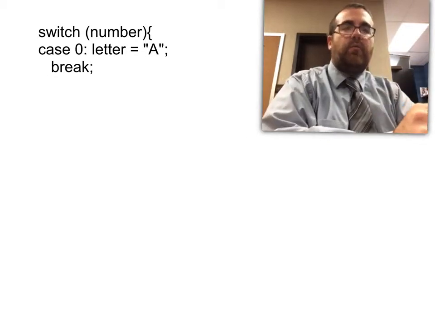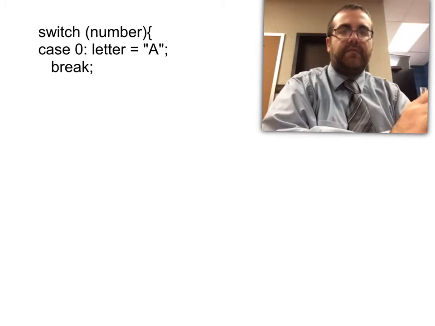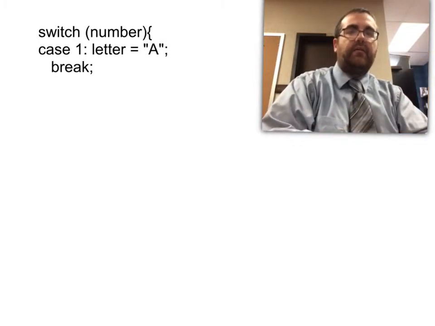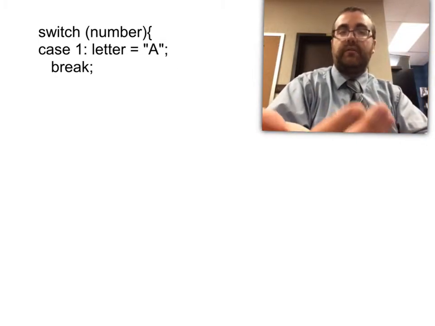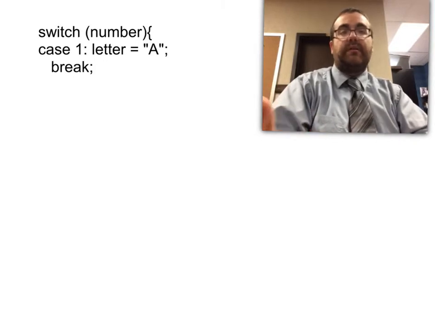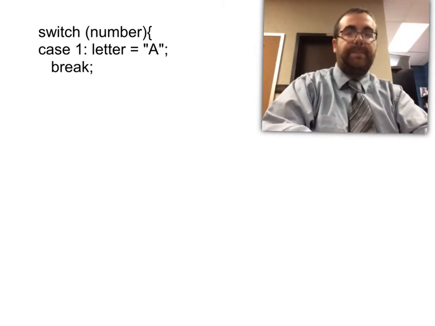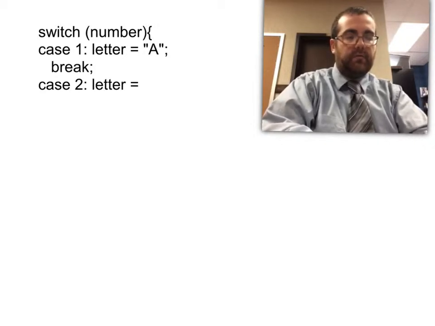If we did not want to account for 0 and have them enter a 1 instead, like someone probably would, we could do that as well. 0 would then just fall under the default. Case 2, letter would equal B. And once again, we go ahead and break.